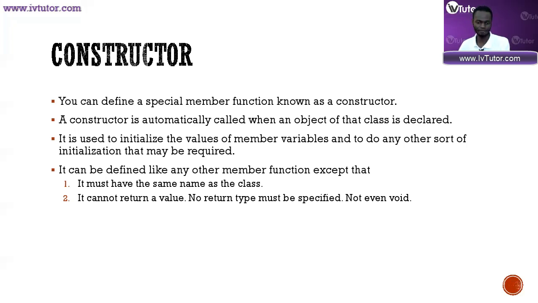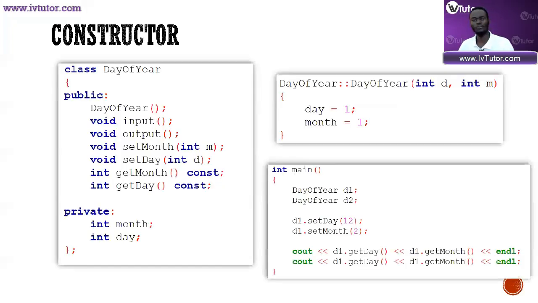No compromising. So if we go back to our day of year class, this then becomes our constructor. The purpose of a constructor is to initialize, or to set the initial state of, your member variables. You can say, well, I always want my month to start off at 1 and my day to start off at 1. Which means every time you make a variable of type day of year, you want your member variables to have default values.